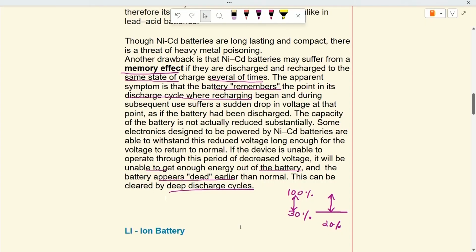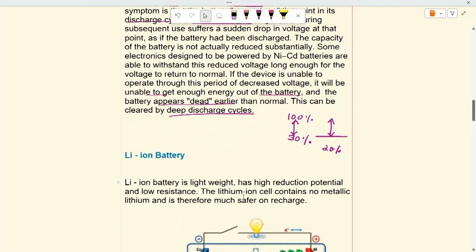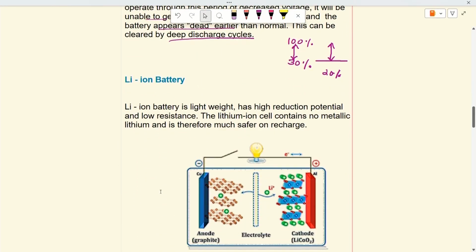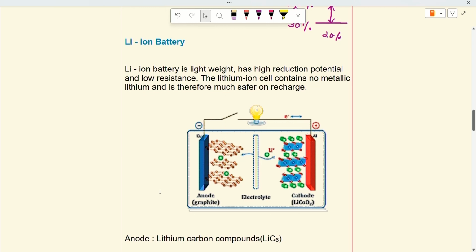Now, let us go to the lithium ion battery. This also you might be hearing of, as most laptops and similar devices use a lithium ion battery. Lithium ion batteries have a very big advantage: they are very lightweight and have high reduction potential and low resistance, and therefore you get a greater charge density and potential from these lithium ion batteries.